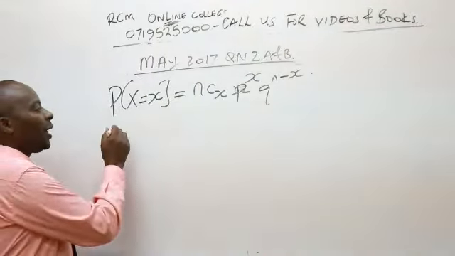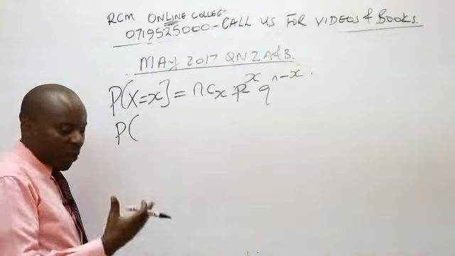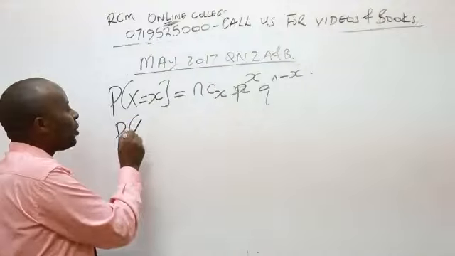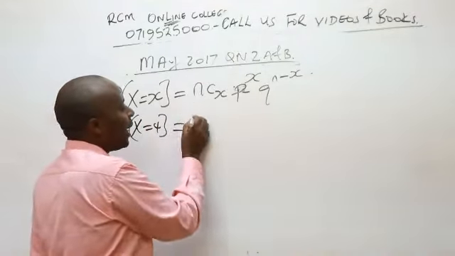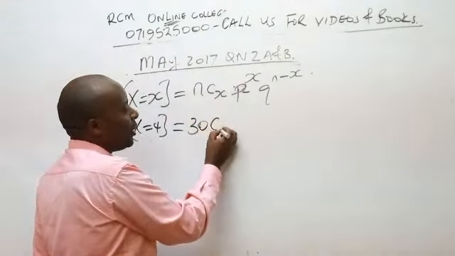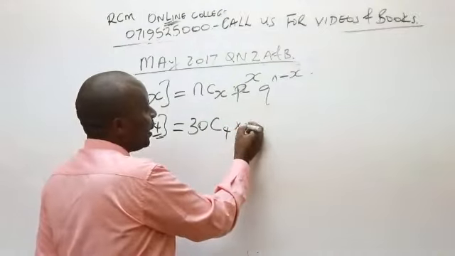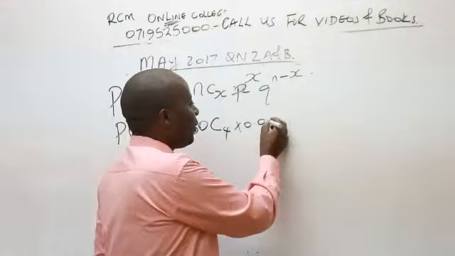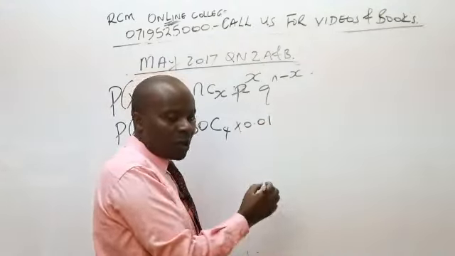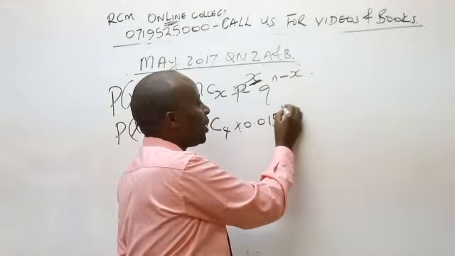I'm moving quite fast because I know you have become accustomed to this. So the probability of x being equal to 4 will be equal to n, which here is 30, combinations x, where x is 4, and then the probability of success 0.015 raised to x, which is 4.